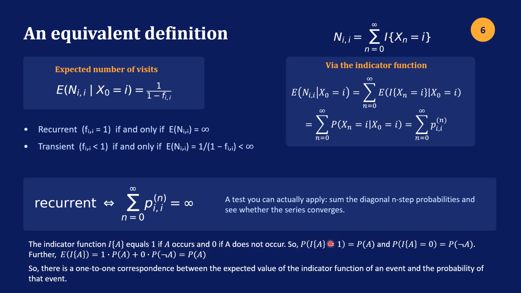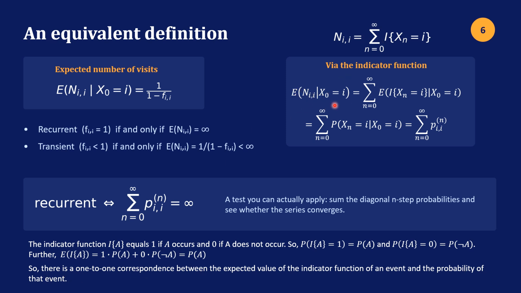So the probability that I of A equals 1 is the probability of A, and the probability that I of A equals 0 is the probability of not A. So when you compute the expected value of I of A, you get 1 times the probability of A plus 0 times the probability of not A, and that equals the probability of A. So there's a one-to-one correspondence between the expected value of the indicator function of an event and the probability of that event, and we'll use that here.